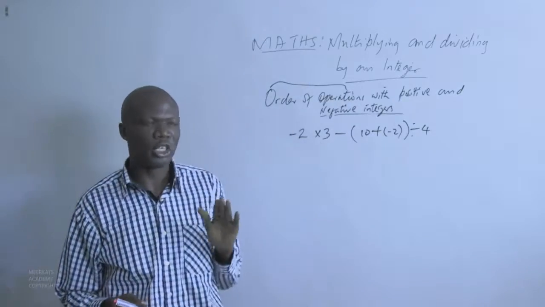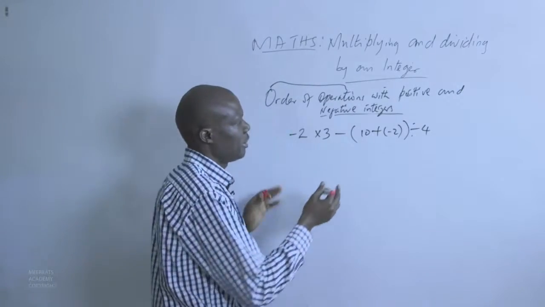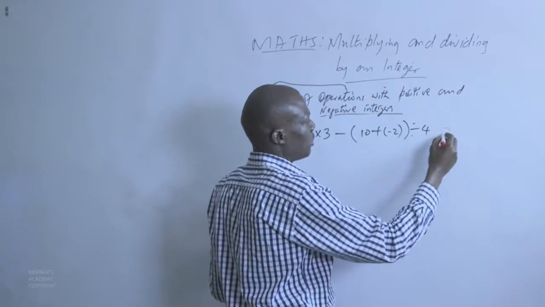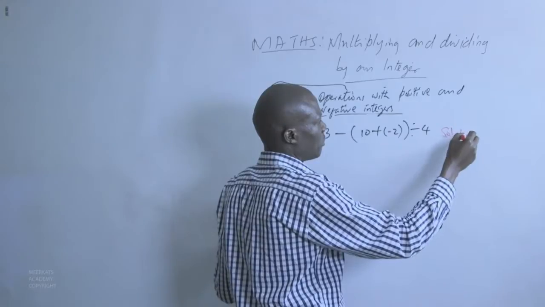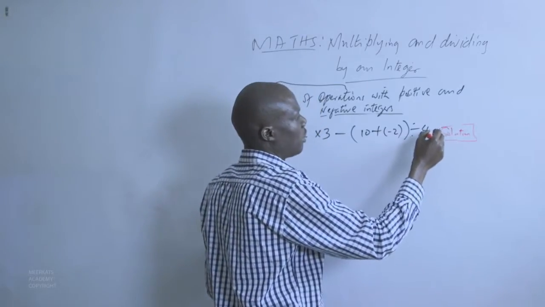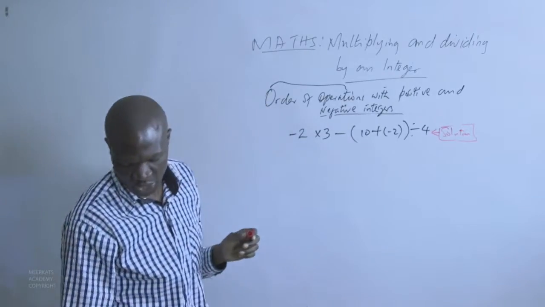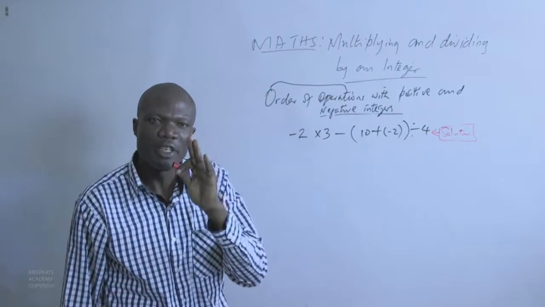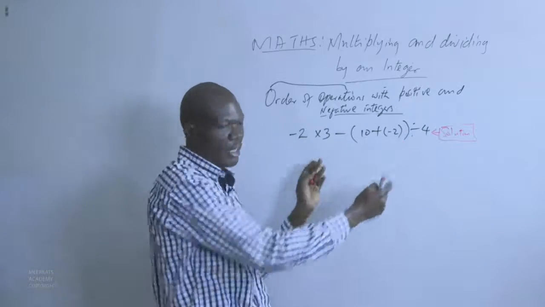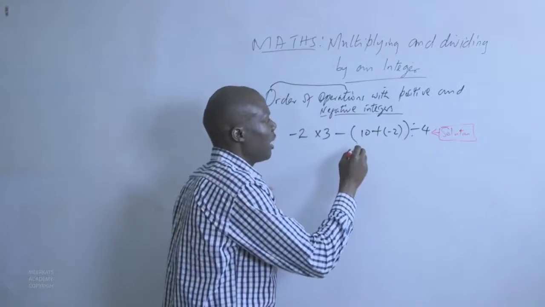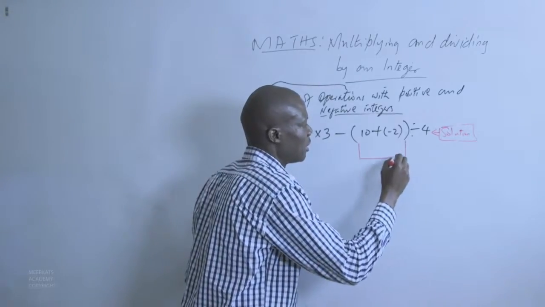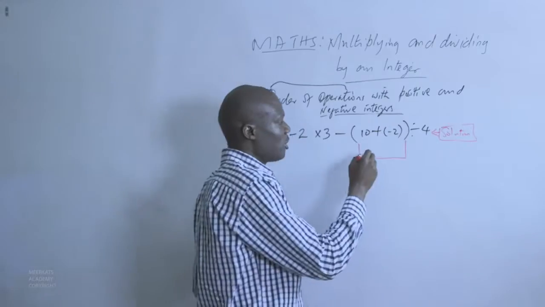Now, this is the problem. When we look at the solution, we are told to deal with the brackets first. So where do you have the brackets? The brackets are here. So I expect you to first deal with the brackets.